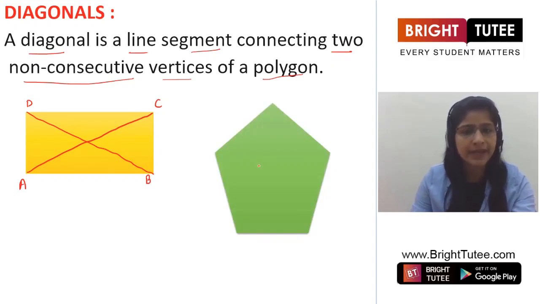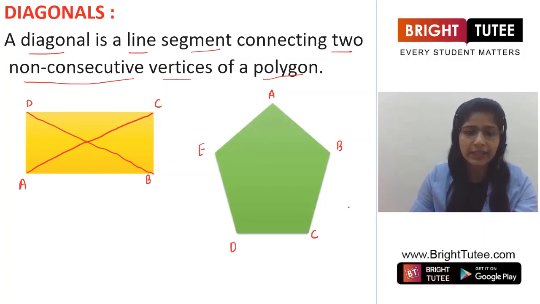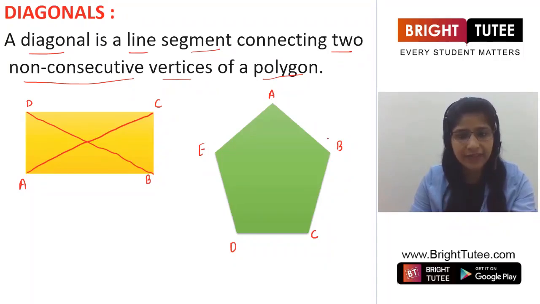Let us go to another figure now. Here comes a pentagon. So let us name it first. A, B, C, D and E. So here it has 5 vertices, 5 sides. It is a simple closed curve. So it is a pentagon. We call it a pentagon as discussed earlier. Now we have to draw the diagonals of it.